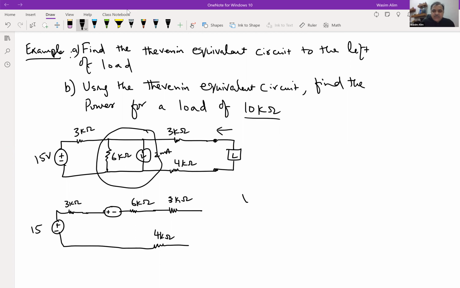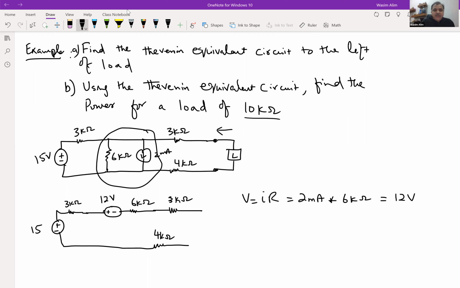So the voltage source is V equal to IR, right? I is 2 milliampere and resistance is 6 kilo ohms. Combining the two, you're going to have 12 volt because the kilo and milli cancel each other out. So you're left with a 12 volt source here.